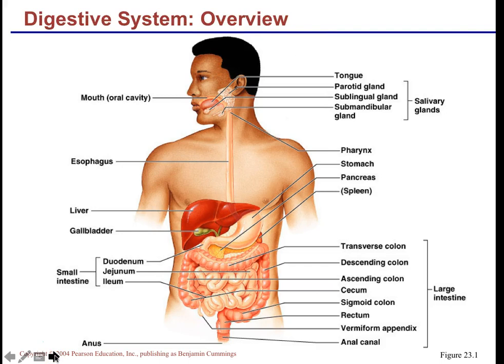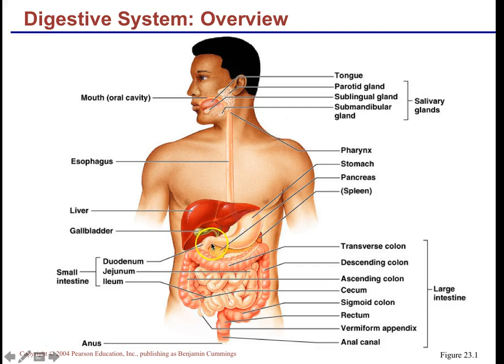Okay, so here's a pretty picture. Let's talk about the way that food would move through the digestive system. It would enter the mouth. Here you have salivary glands that would make the saliva. You would swallow it, and it would go down the esophagus via peristalsis, a wave-like motion, and then it would enter the stomach.